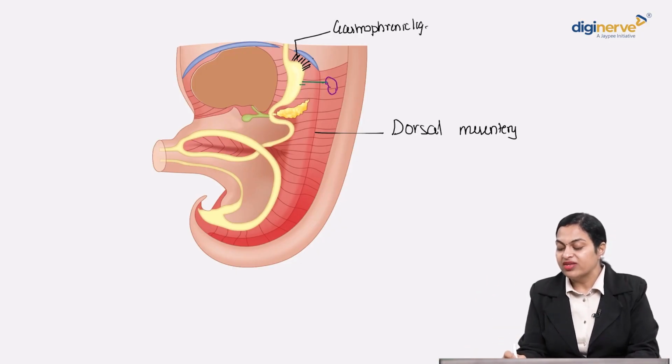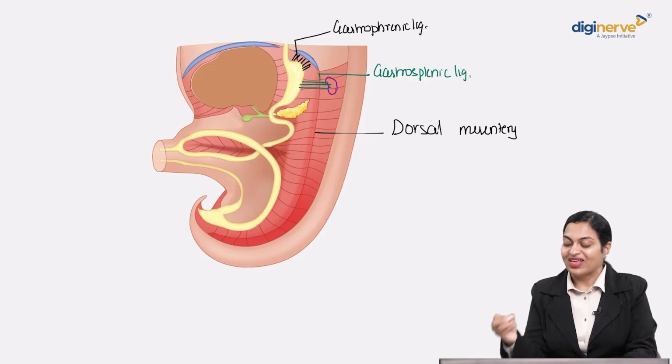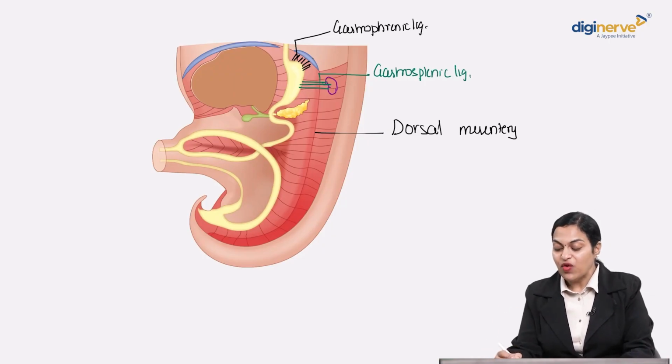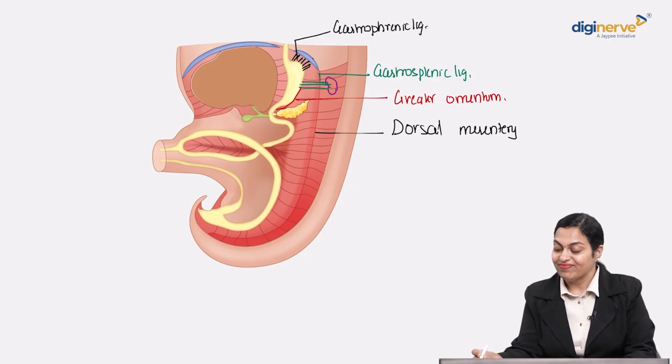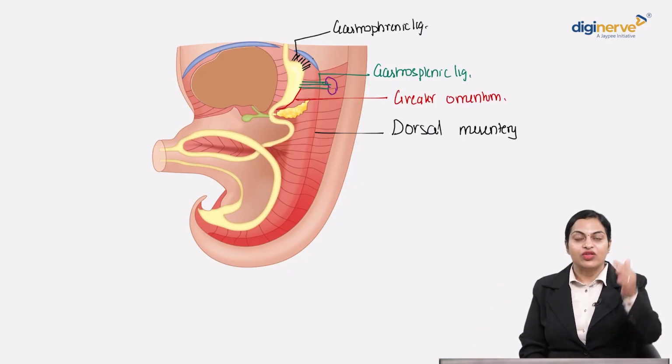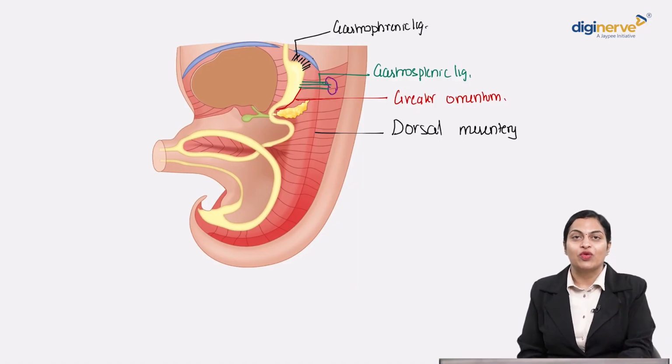The part extending between the stomach and the spleen, gastrosplenic ligament. Right? And the rest of the greater curvature is going to give attachment to greater omentum. We know that the dorsal surface of the gut tube is going to be anchored to the posterior abdominal wall by dorsal mesentery.